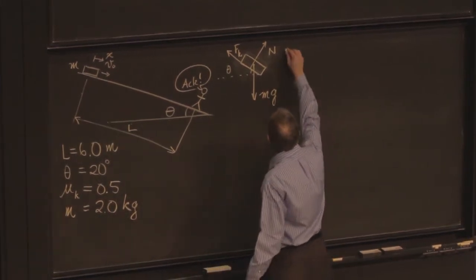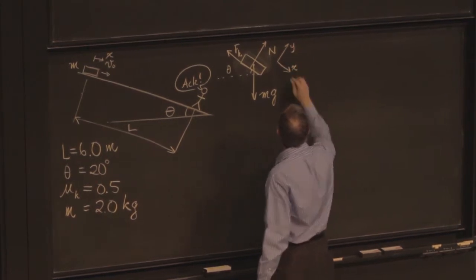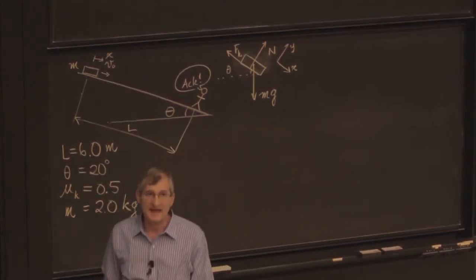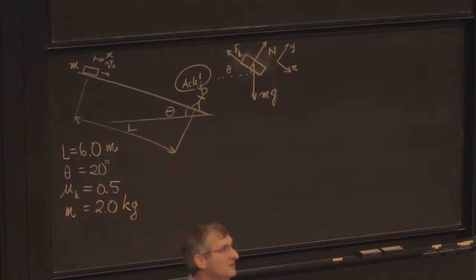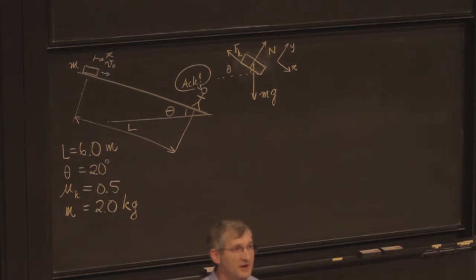So I'm going to put on a coordinate system that goes y up that way and x goes that way. Do I need to worry at all about the y direction? Or can I just deal with x? We can just repeat the y direction.